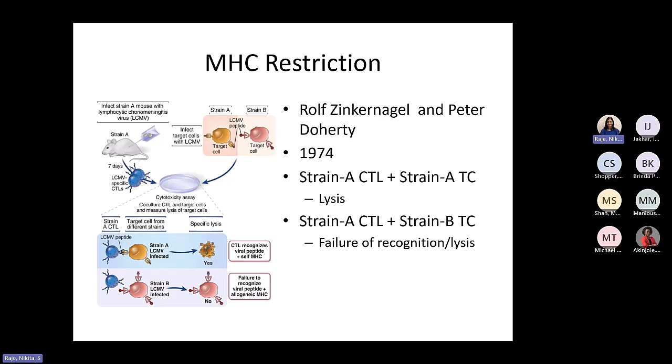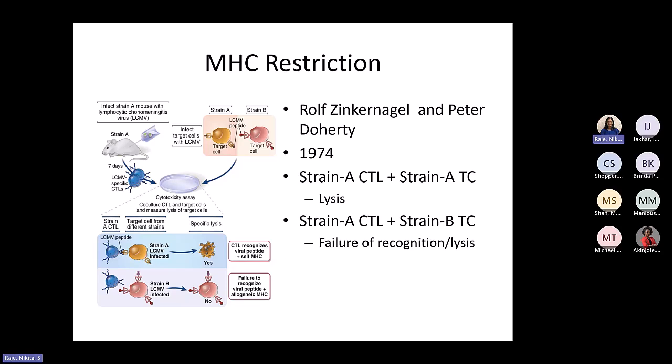They used strain A of this virus and injected it in mice. 7 days later, they isolated CTLs from those mice and put them in a petri dish with target cells from strain A or target cells from strain B. So different strains were added along with the CTLs that came from the mice, which was strain A.